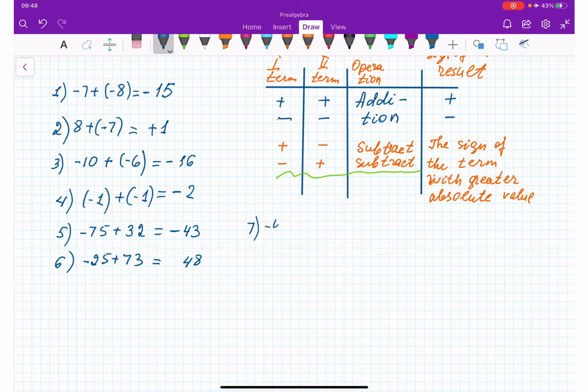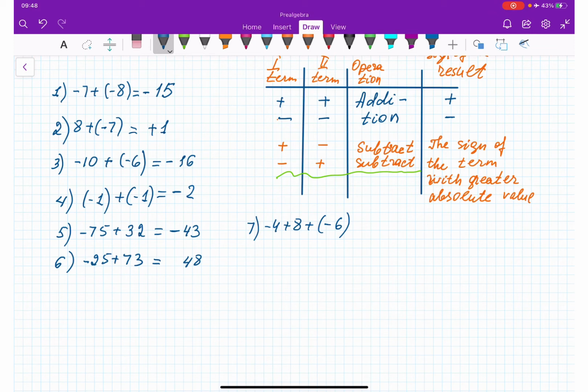-4 plus 8 and plus -6. Okay, here we have to use sequence one after another. Remember, there is no priority between addition and subtraction. We are solving in the order it comes. So -4, negative and positive.